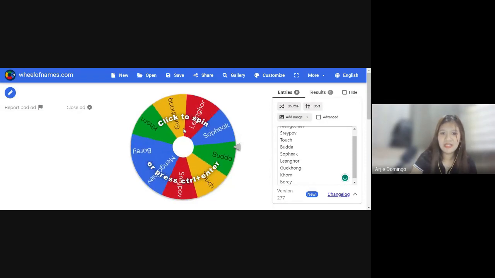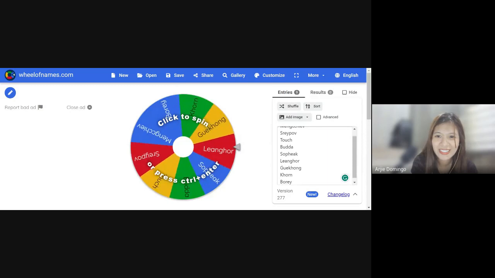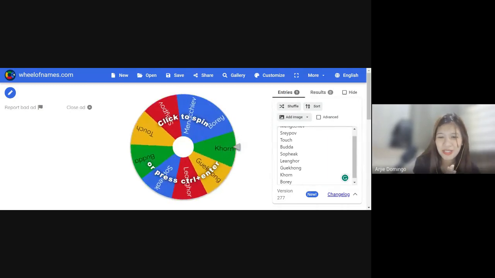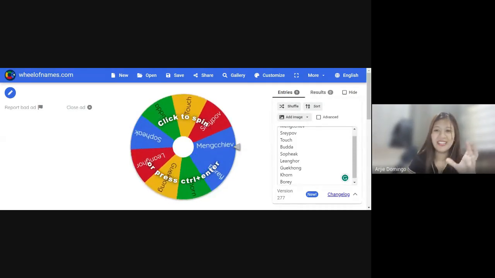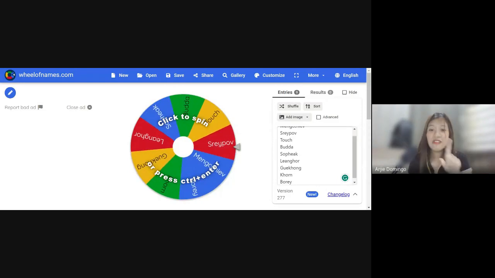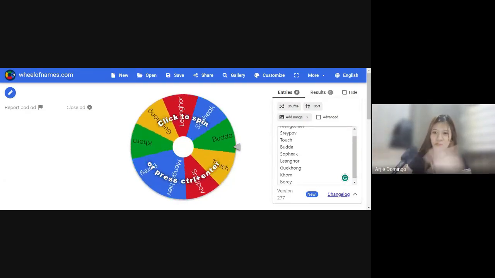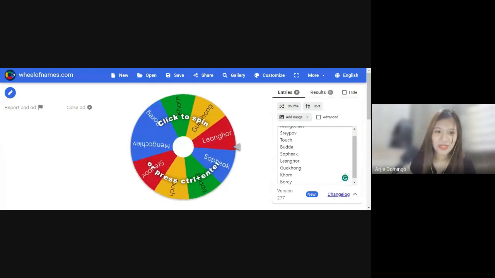All right, so let's begin. You have there the wheel, and we'll see who's going to be the first one to describe the item. You have to choose one item only, and after everybody's done, you will have your next item.